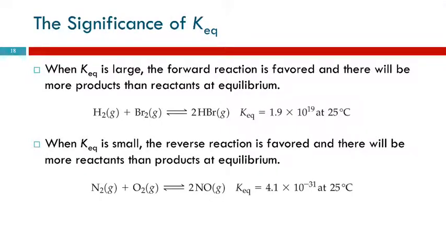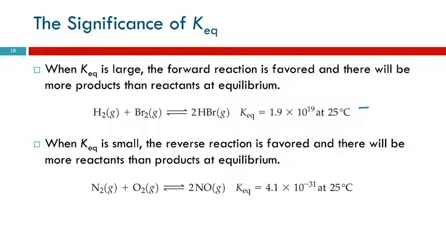The value of the equilibrium constant tells us whether there's going to be more products or more reactants. So for this reaction between hydrogen and bromine, the equilibrium constant is 1.9 times 10 to the 19th. That's a heck of a big number, right? Really big. So what does that mean?